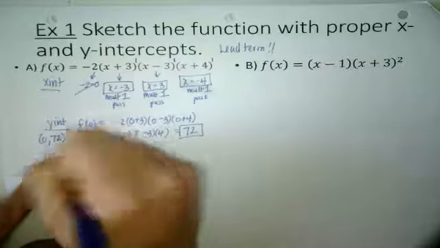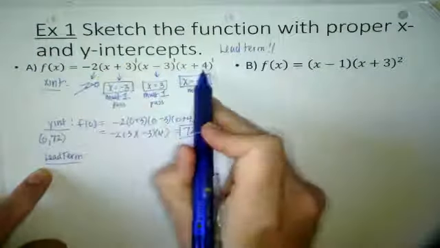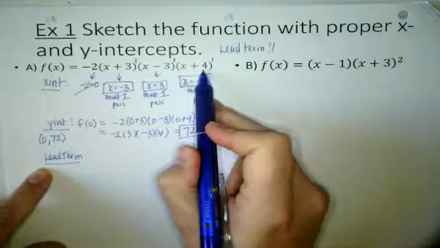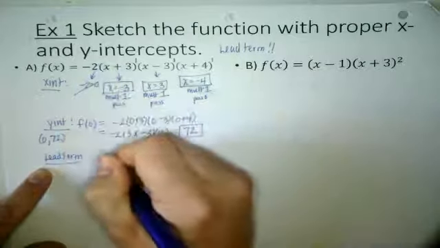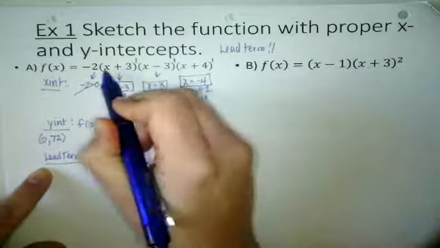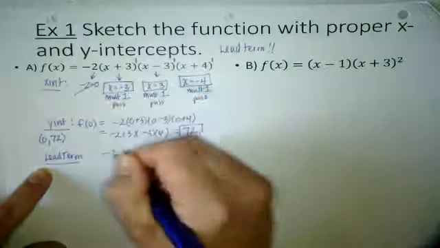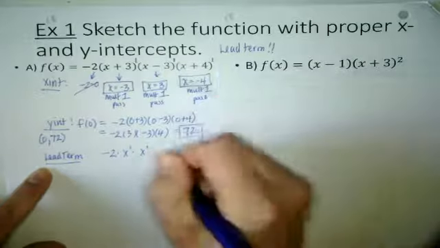And so the leading term comes from when we multiply everything together. Well, guess what? You don't have to do that. All we need to do is look very carefully. First, I see I have a -2 times, and all I care about really are the x's. X to the first power. Here we have x to the first power, and then x to the first power.